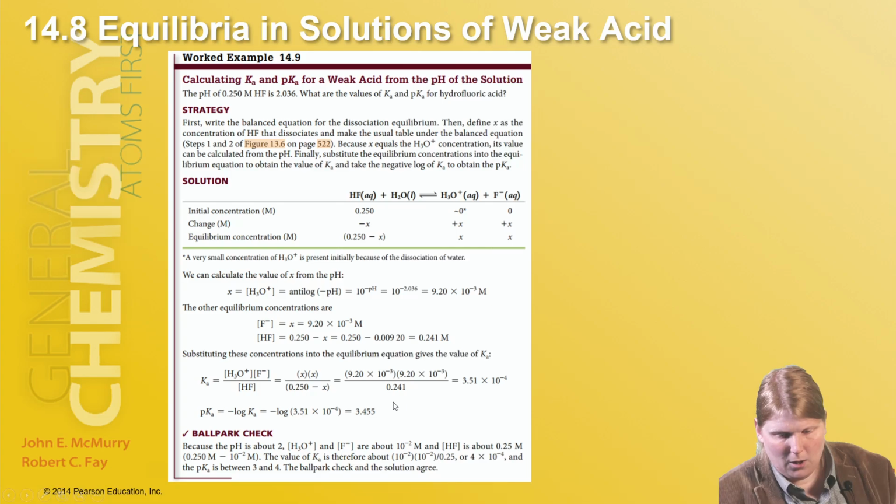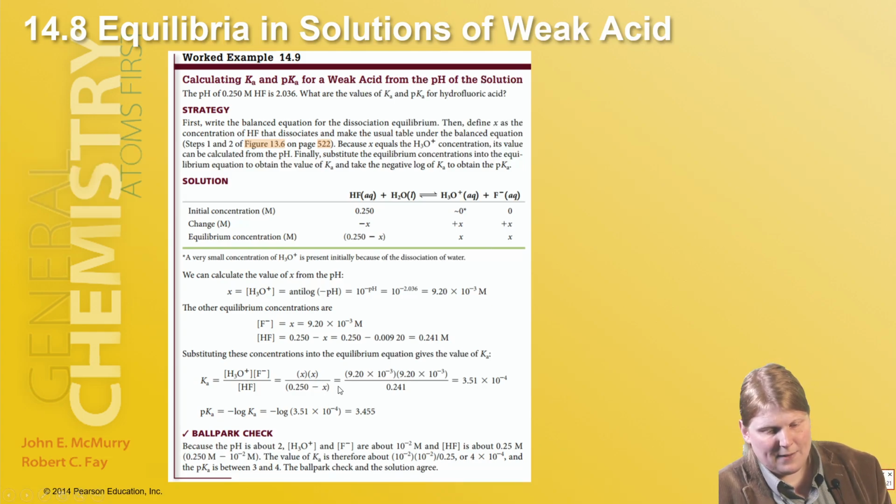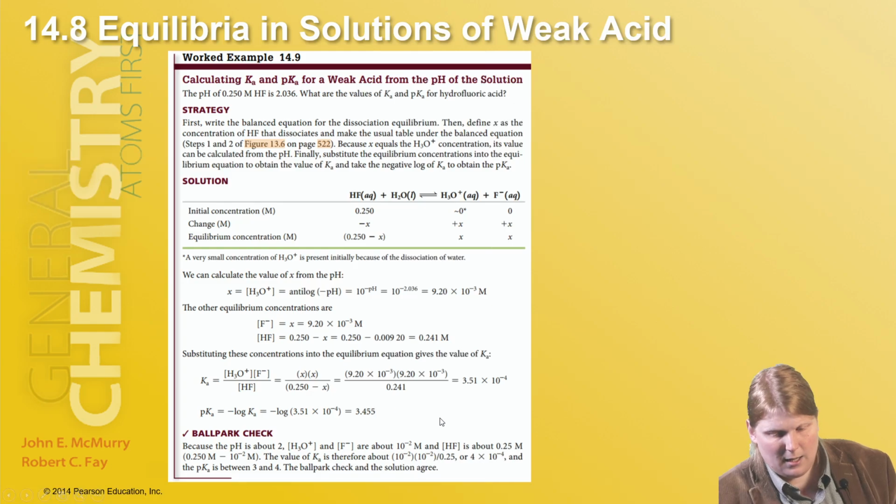So we can just plug all this in and calculate the Ka value. And if they want the pKa, that's just the negative log of that value. So again, this is just going to be an exponent input into your calculator using the E key or the capital E in the Google calculator to input these and then do the division, and you should be able to work this out fairly simply. In other cases where you don't have this much information, you might have to solve for x given Ka instead, and we'll see problems like that going forward from here.